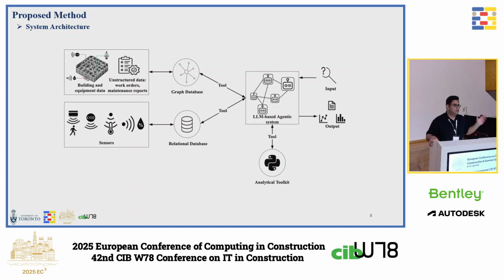So first we have the BIM data, the building model, and then we have some unstructured data like the work orders from the University of Toronto, and also the sensor data that we were provided by the facilities and services of University of Toronto. And then we convert the BIM data and the work order data, as examples of structured and unstructured data, to knowledge graphs. And then we store them in the knowledge graph databases.